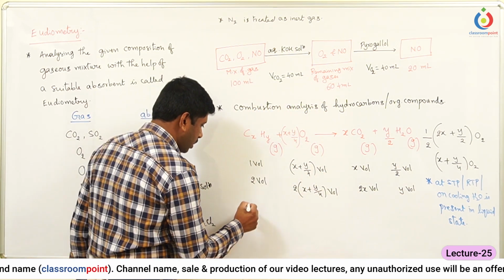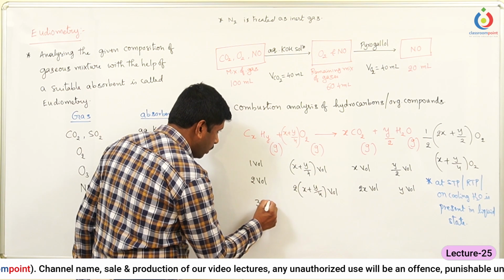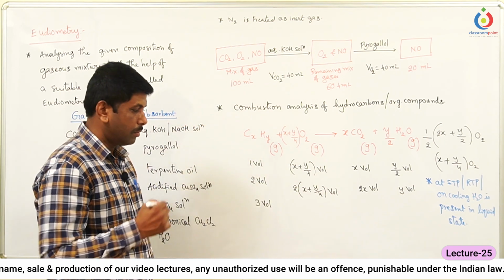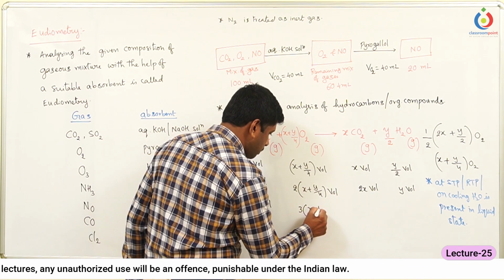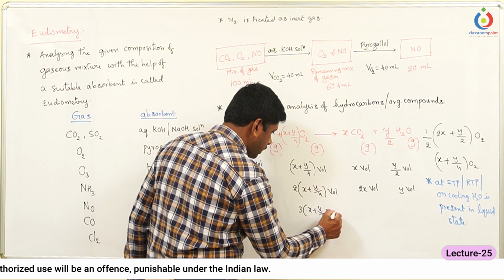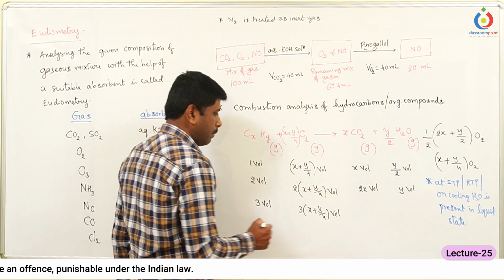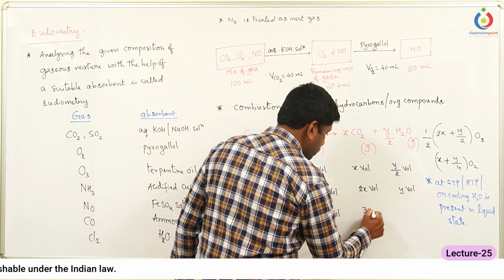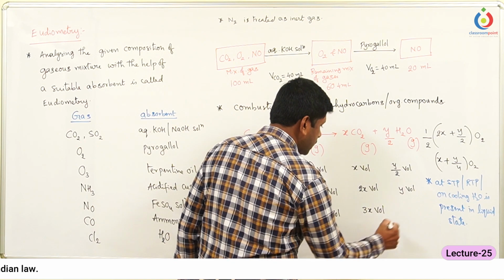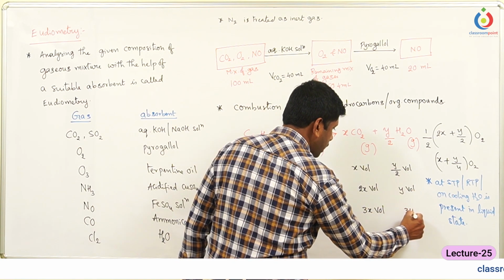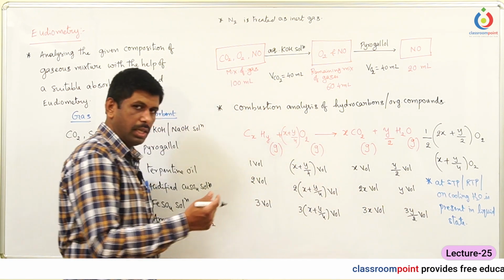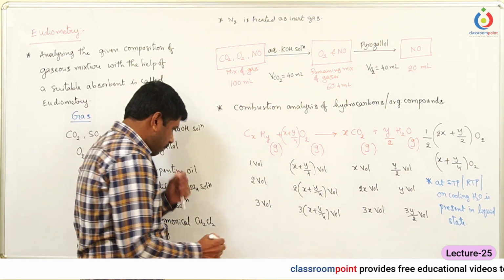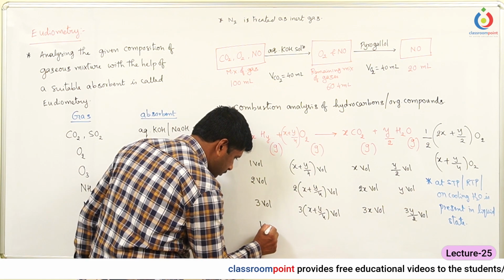Let us take 3 volumes. 3 volumes of hydrocarbon will require 3 into x plus y by 4 volumes of the oxygen and will produce 3x volumes of the carbon dioxide and 3y by 2 volumes of the H2O in gaseous state. So then what happens if you take 10 ml?